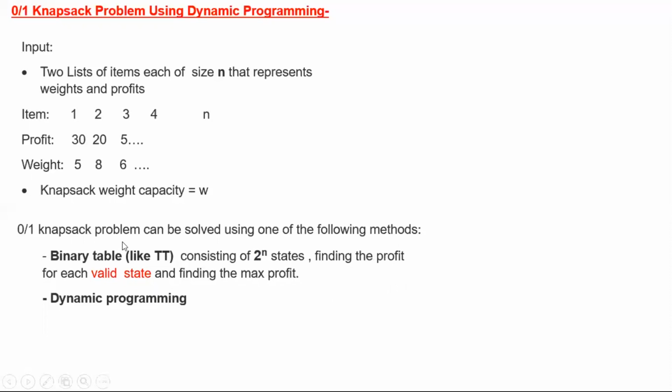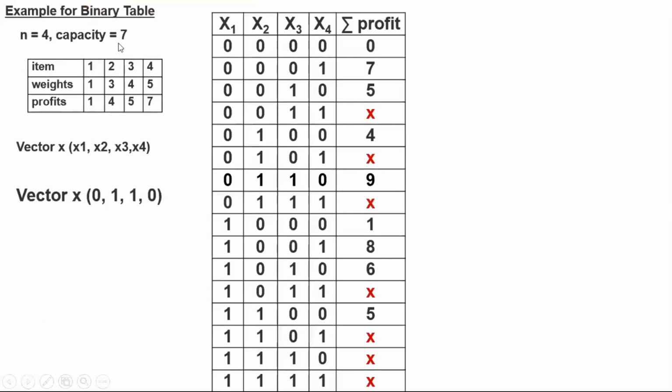This solution is like generating the whole space tree for the items and then finding the optimal solution. For example, if we have 4 items and the capacity of the knapsack is 7, items 1, 2, 3, 4 with given weights 1, 3, 4, 5 and profits 1, 4, 5, 7.